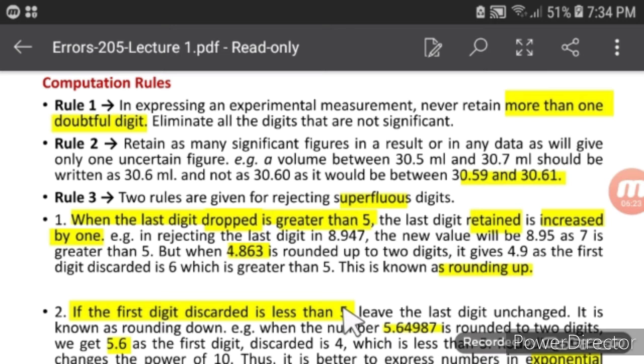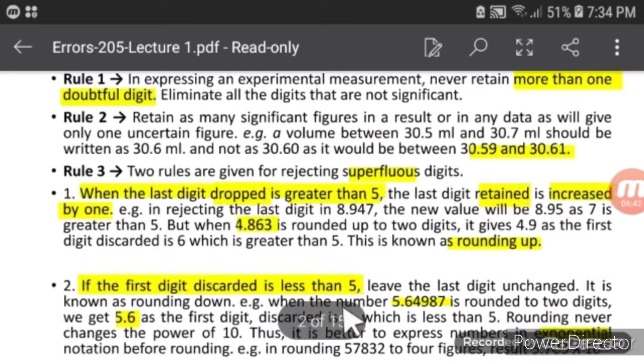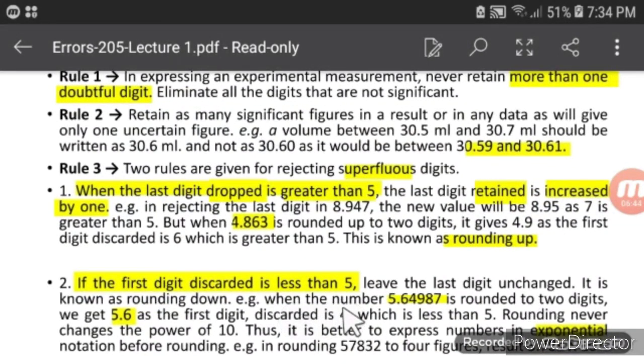Okay, let's talk about rule number 3. According to rule number 3, it gives you a full scenario of how you can skip the non-significant figures. When the last digit dropped is greater than 5, what will you have to do? Here an example is an easy way to understand.